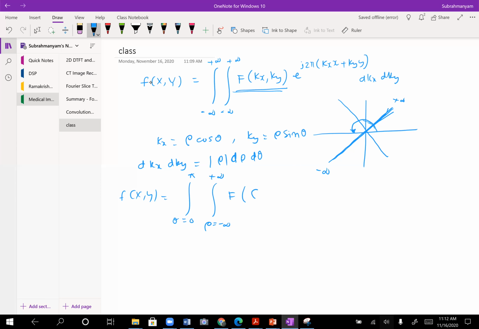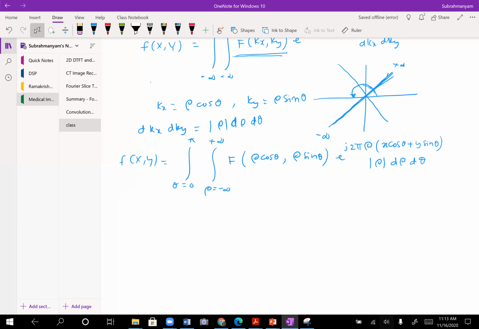F of kx will be now rho cos theta, ky will be rho sin theta, e power j times 2 pi times rho into (x cos theta plus y sin theta). Okay. And then what will you get here? Absolute value of rho d theta. Is everyone with me so far? Yes, sir. Fine?